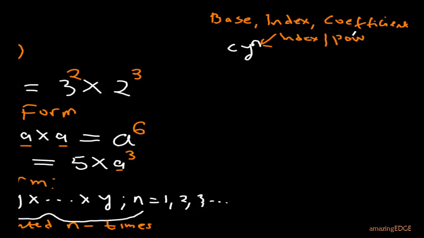When there is more than one, we call it powers or indices. So this one, the variable, we will refer to as our base. And this constant value will be referred to as our coefficient. And observe that this is involved when we are dealing with variables.